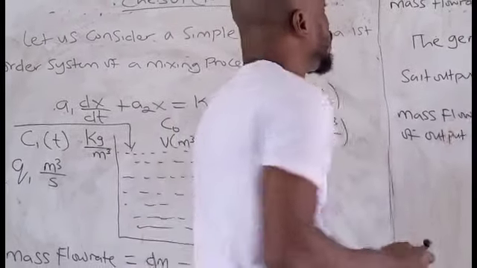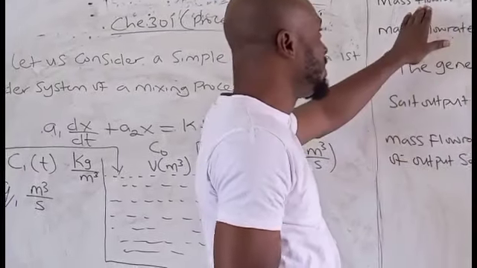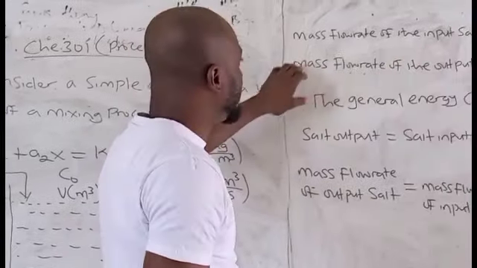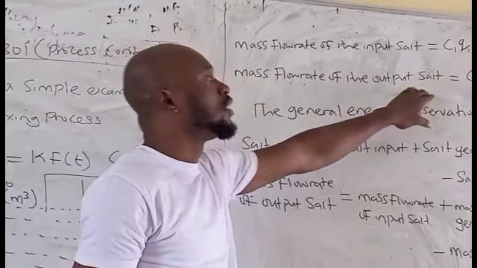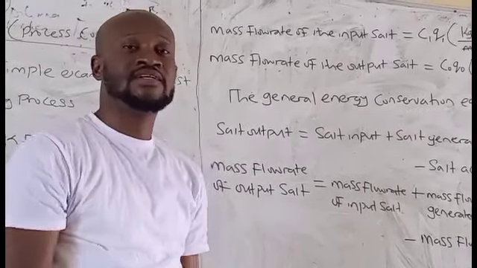Before we come to that aspect, we need to calculate the mass flow rate. Just the way I showed how to get the mass flow rate of the input source and the output source, I need to calculate the mass flow rate of the accumulated source.